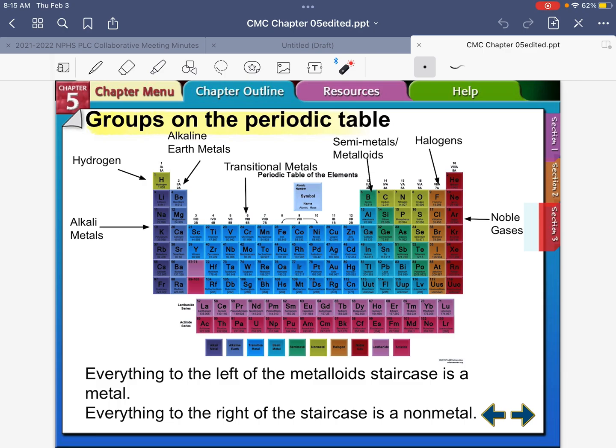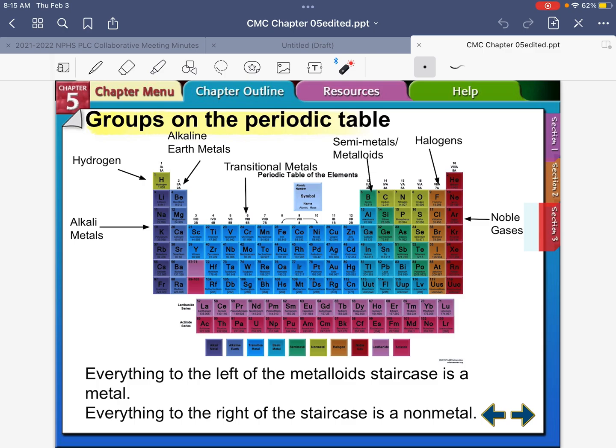So a good question on a test would be, what are the majority of the elements on the periodic table? And you would tell me that they are metals because there are so many on this side. Now, one group we're going to focus on today are these noble gases right here. So the noble gases I always refer to as the VIP group of the periodic table.